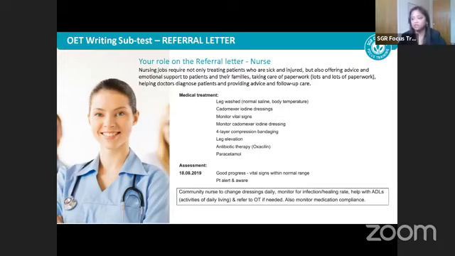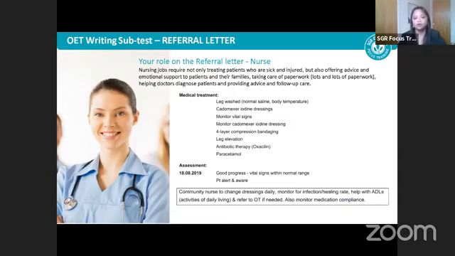This time around, it's a community nurse, and you're requesting them to help the patient change dressings daily, monitor for infection and healing rate, help with ADLs, and also monitor medication compliance. So what's really happening here is basically what you were doing in the hospital. This is still required after discharge of the patient.